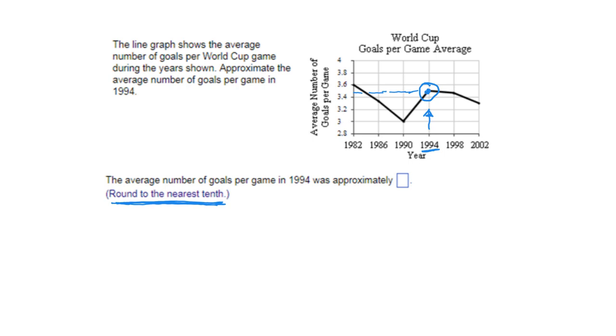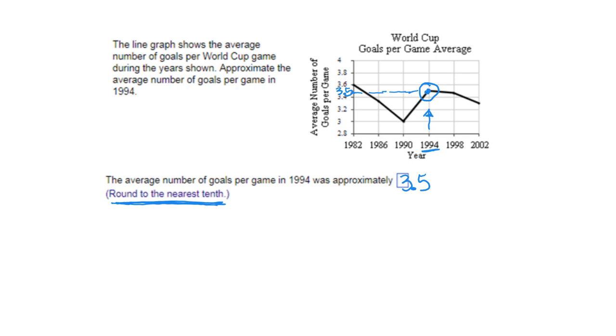Again, we're going to the left. And this is not quite, but it's going to be about a 3.5, right in between 3.4 and 3.6. So I would approximate this to be 3 and 5/10 or 3.5, as students would say.